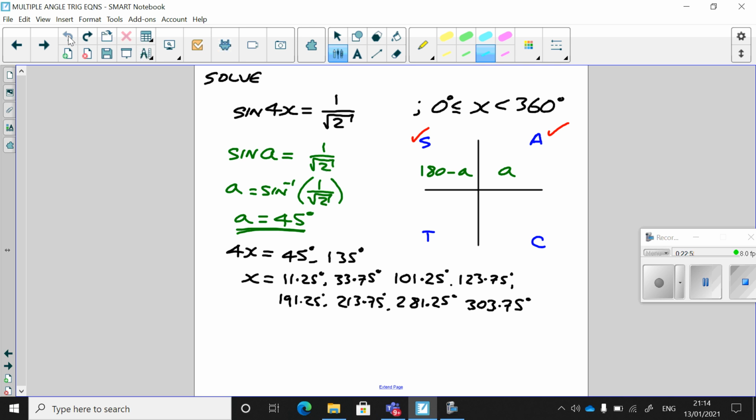And we spoke about there being a possibility of 8 solutions because it's saying 4x. Usually it's a good indication it's 2 times the number in front of x.